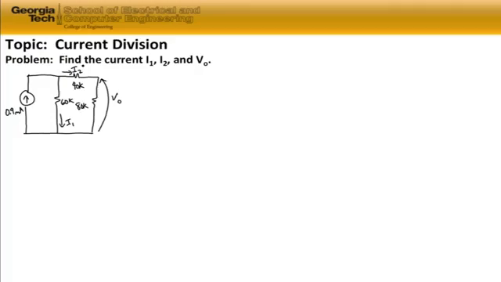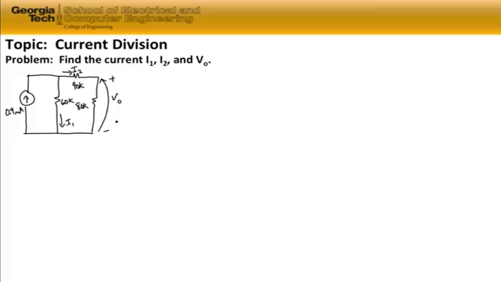And we want to find the output voltage, Vout, across the 80 kilo ohm resistor. The Vout is measured plus to minus, top to bottom, across that resistor. So in order to do this, we're going to use current division, and we're going to use the well-known equation for current division.